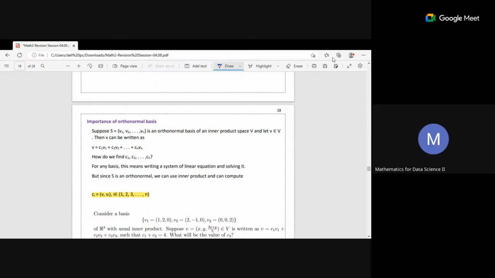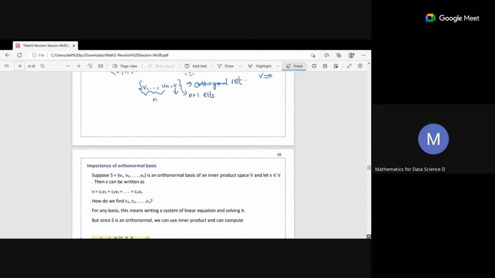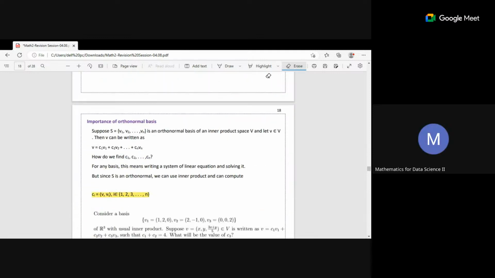That's all, but you can use a similar argument. So if we are given an orthonormal set of vectors and we can write a vector as a linear combination, then we can find the constants? Yes, exactly. The constants you can find by just using this.